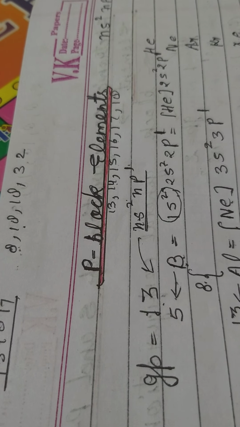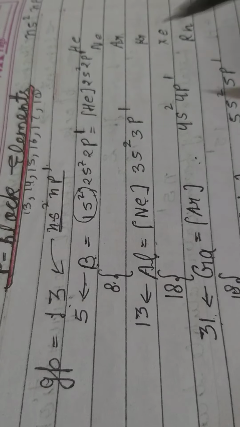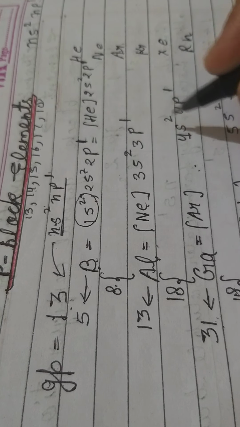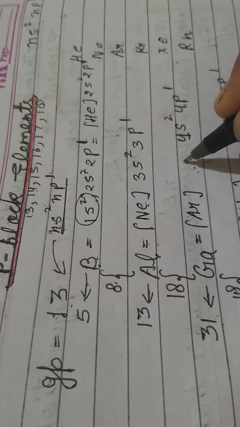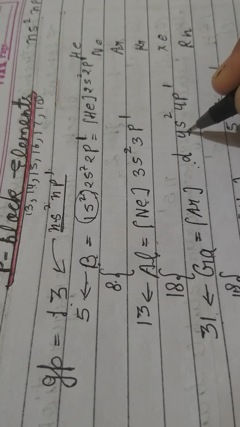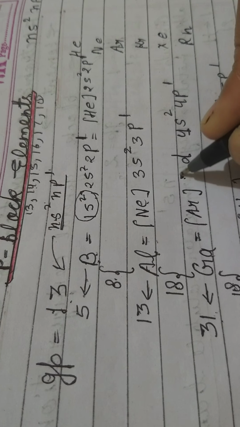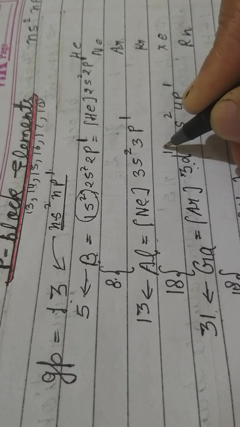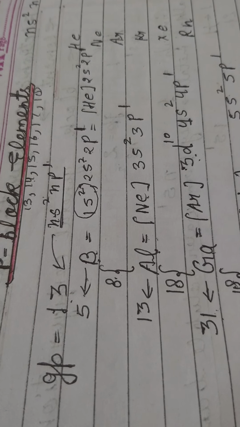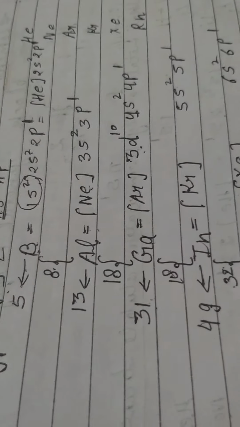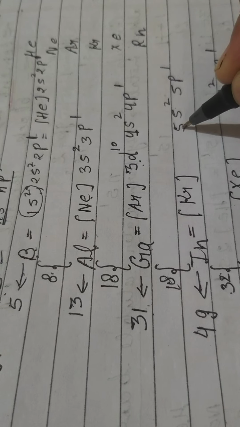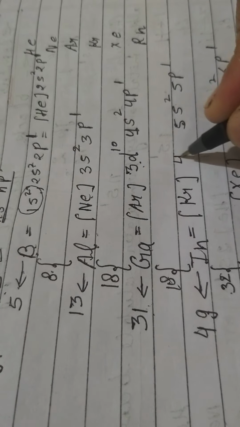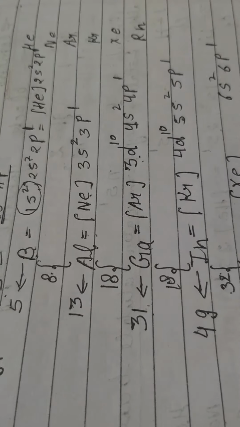As we are doing the electronic configuration of gallium, as the fourth period starts, what we will write there is D, and one number you have to use before it, that is 3D, and a complete 10 electrons are to be added. Now in the fifth period also, you have to write 4D.